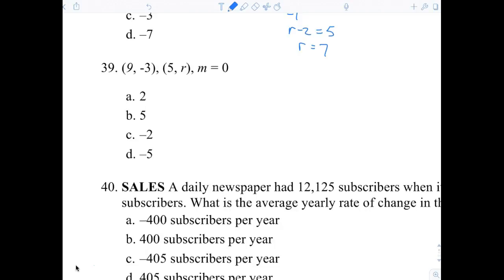Not showing up again? Oh, I haven't written anything. I think there's a mistake on this one. Actually, I know there is. Remember, in order for something to be 0, (y minus y) over (x minus x) has to equal 0. The only way a fraction can be 0 is if the numerator is 0. So the y's have to be the same.